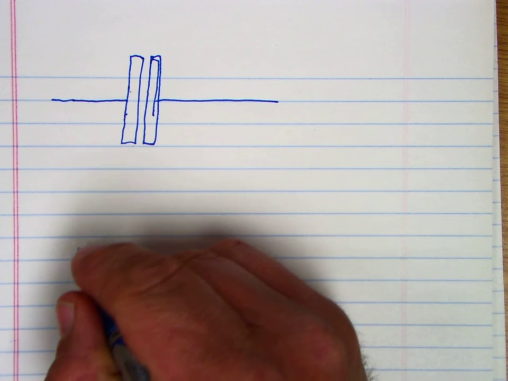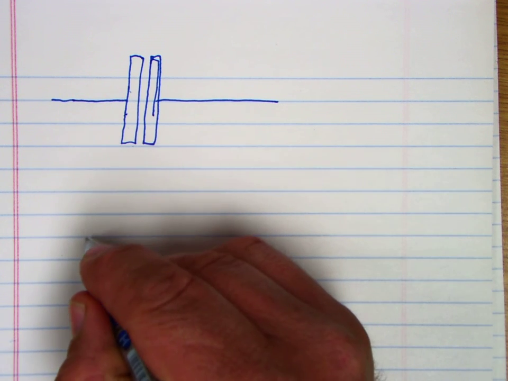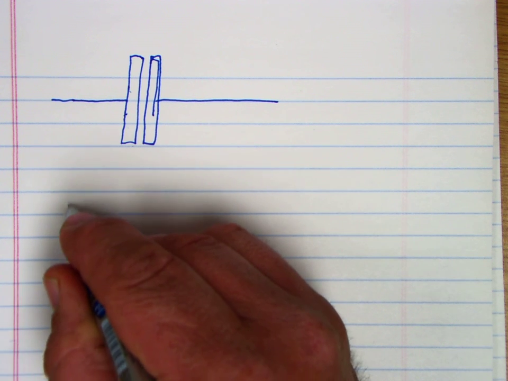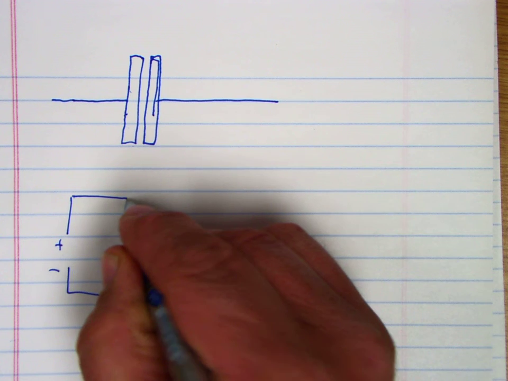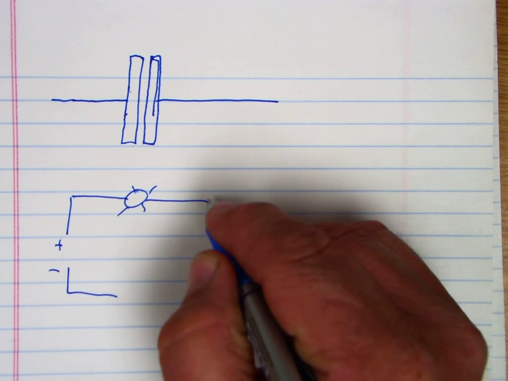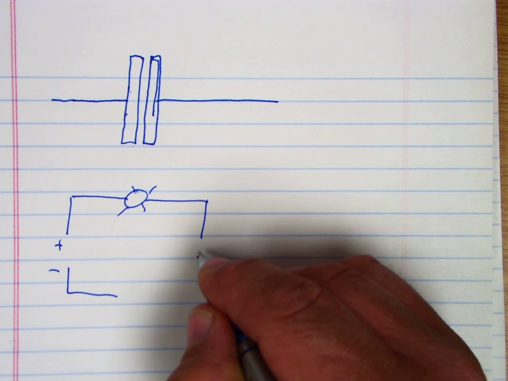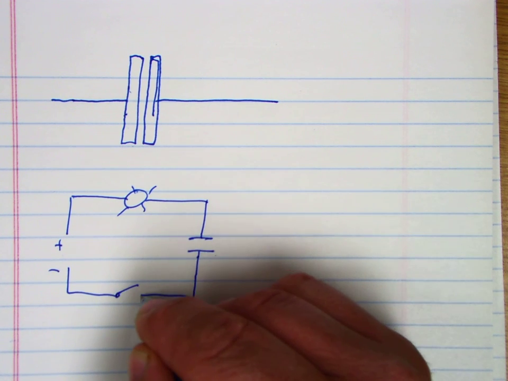So what happens if you've got a DC circuit? Let's say we got a DC light bulb, a capacitor in it, and a switch.